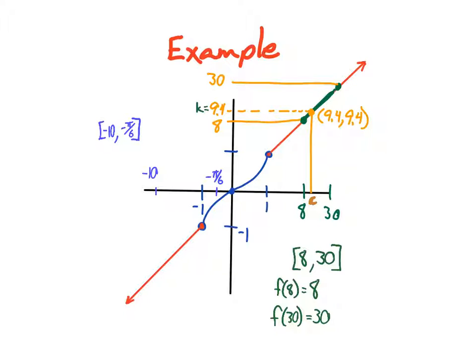Someone give me a number between negative pi over 6 and negative 10. Negative 7, okay, I heard that. I'm sorry, we don't care about a number between negative pi over 6 and negative 10. What do we want between? The y values. So, what is f of negative 10? Negative 10.